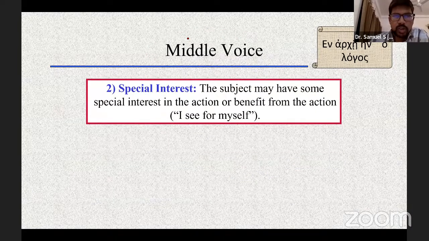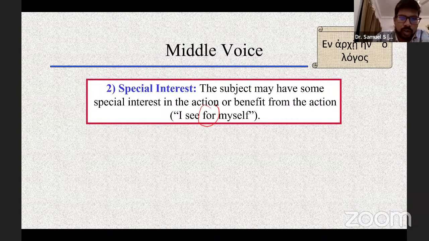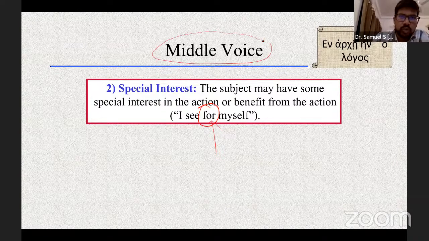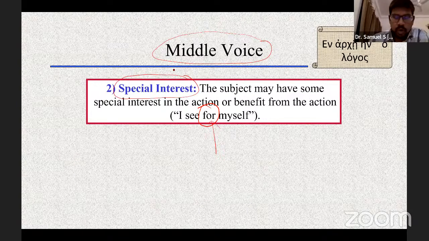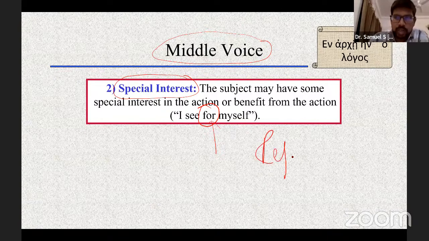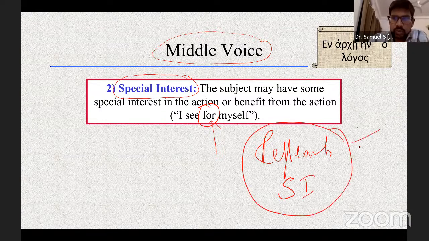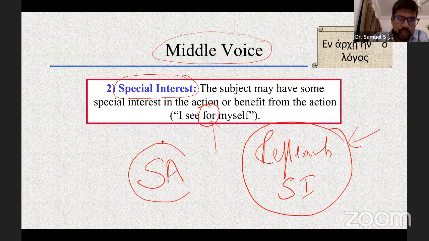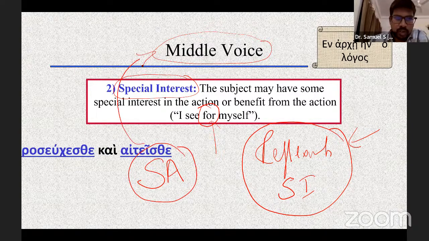Another way is by special interest. The subject may have some special interest in the action or benefit from the action. I see for myself, I cook for myself, I dress for myself. So this is another way by which you could render the middle voice to communicate subject affectedness, special interest. If you're not tracking with both reflexivity and special interest, don't dwell on it too much. Just remember the idea of subject affectedness. That is the main idea of middle voice.